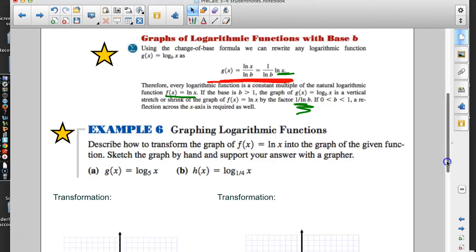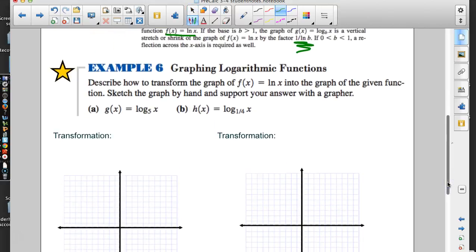So, let me talk you through this one. It says, describe how to transform the graph of f of x equals ln of x into the graph of the given function. Then sketch the graph by hand and support your answer with the grapher. So what they're doing is forcing us to think natural logarithm.